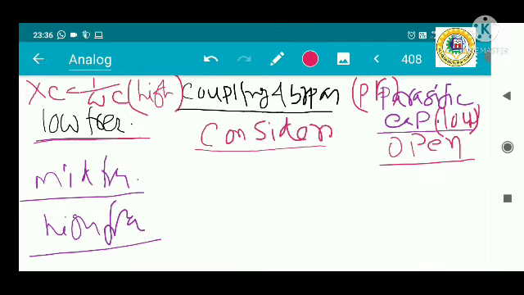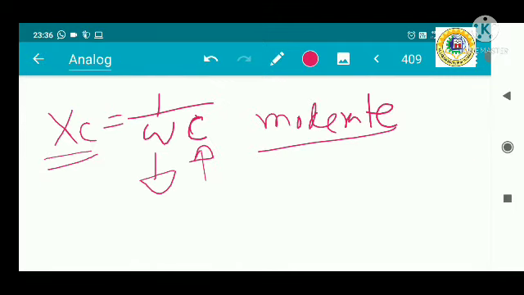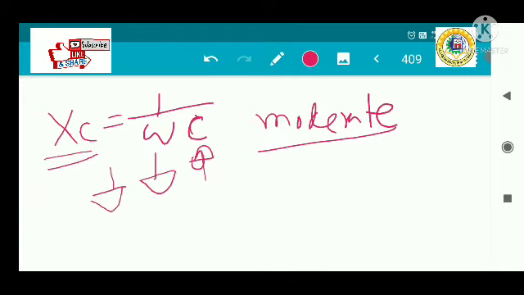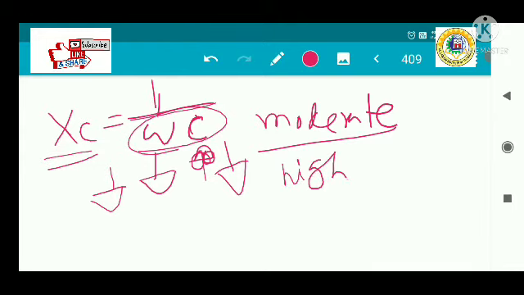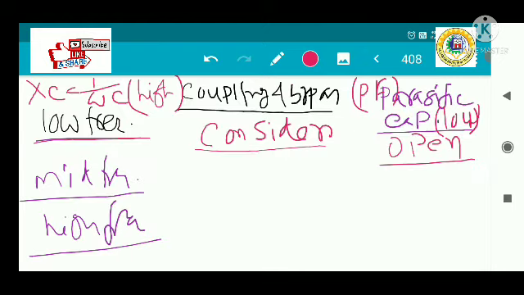Why is this open? Because this value is low and the parasitic capacitance's value is again low, so this value is very much low, and 1 upon this is very much high. If the reactance offered is very much high, or the resistance is very high, then you can consider it as an open circuit. That's why it is written as open.